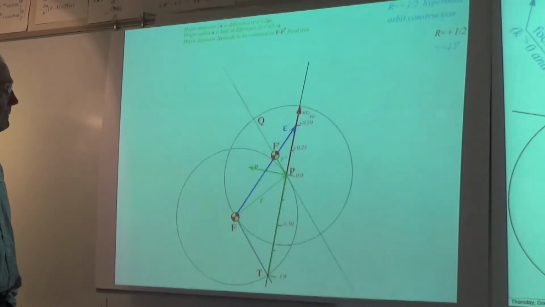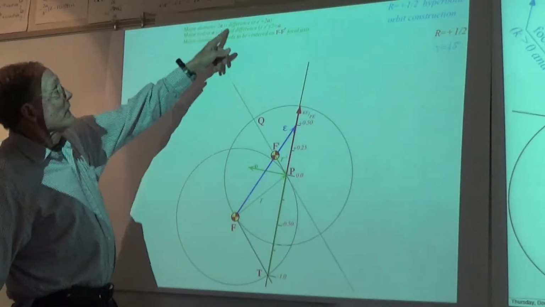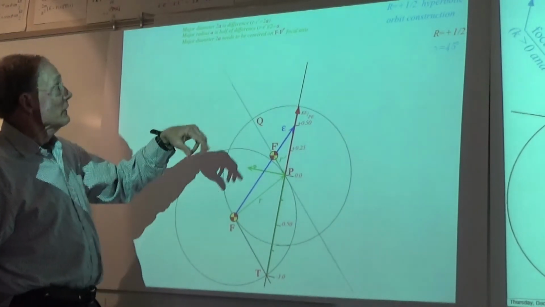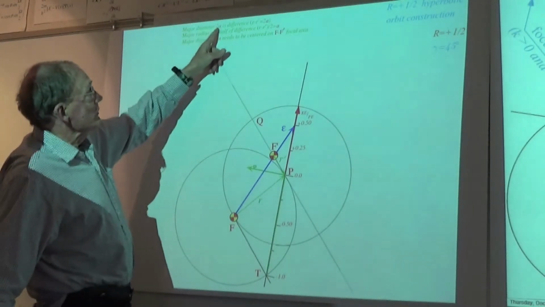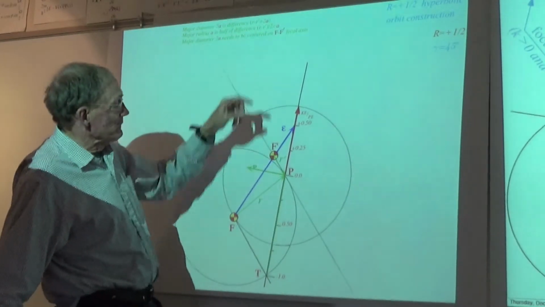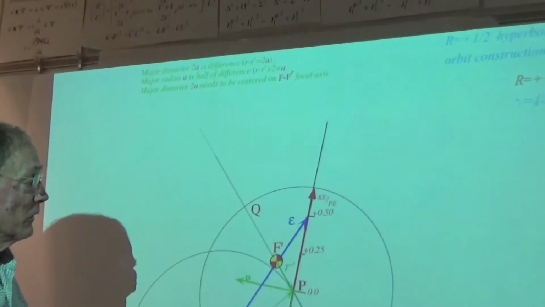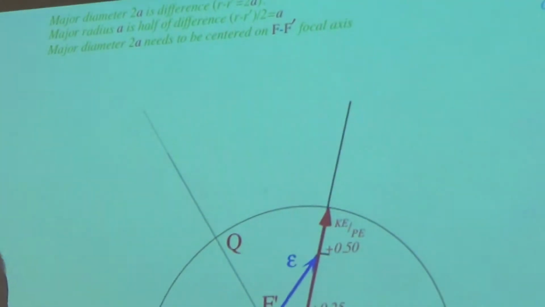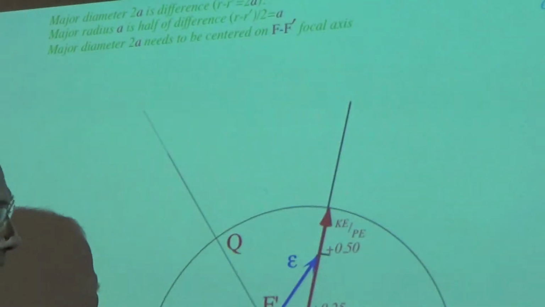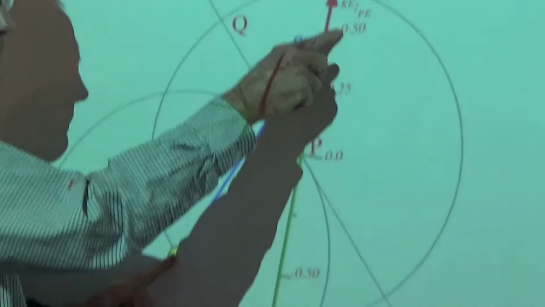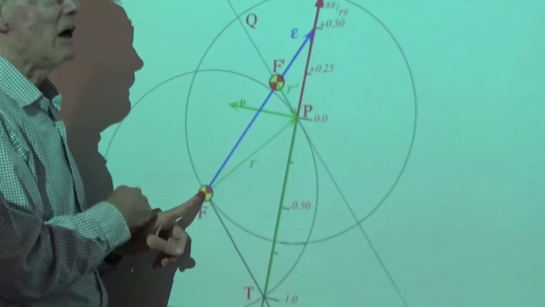All right. Now the hyperbola is a little trickier, but here's the main thing that we're using. The major diameter 2A is the difference between the two radii that we're going to be playing with. So I'm going to have a focus point here and here now with this particular choice of 0.5.